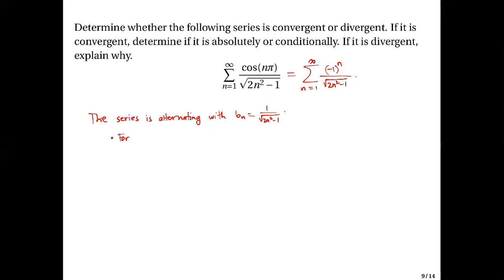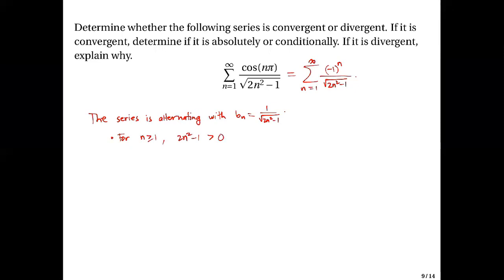For n greater than or equal to 1, 2n squared minus 1 is greater than 0.